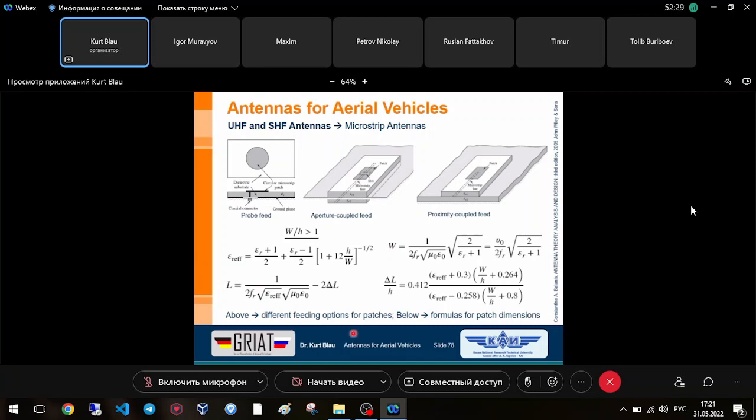Maybe there is a radio amateur among your colleagues, and you can also realize a patch antenna, for instance, for the very high frequency range, the 2 meter band, or the 70 centimeter band. These are radio amateur bands in Germany for ultra high frequencies or very high frequencies.